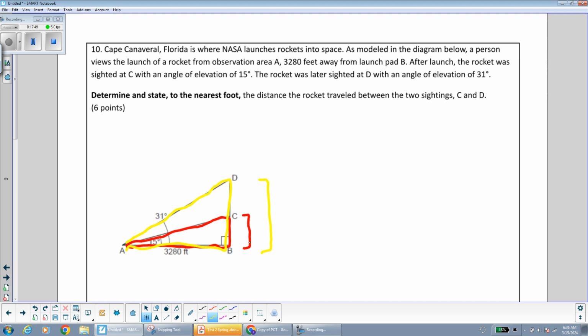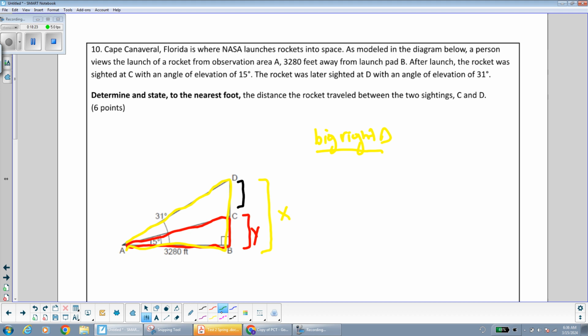And if we have both of those and we subtract them, we'll get what we're looking for, which is CD. So yellow minus red will give us black. I'm going to call this X and this Y so we can refer to them. I'm going to start off with the big right triangle, just like I did when we were doing the angle one.